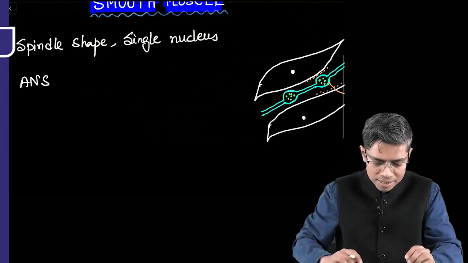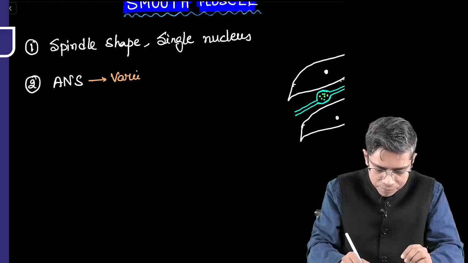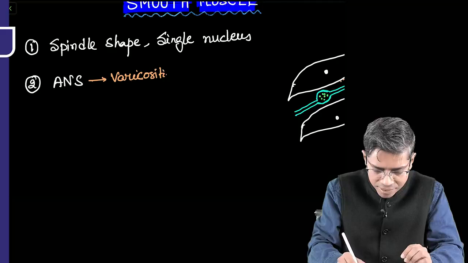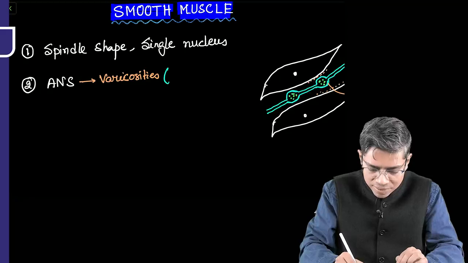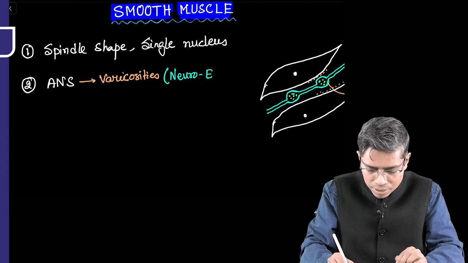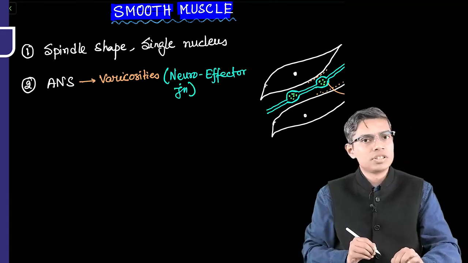So that's why I am writing here that the autonomic nervous system forms multiple varicosities, and this is known as a neuroeffector junction rather than a neuromuscular junction, right?